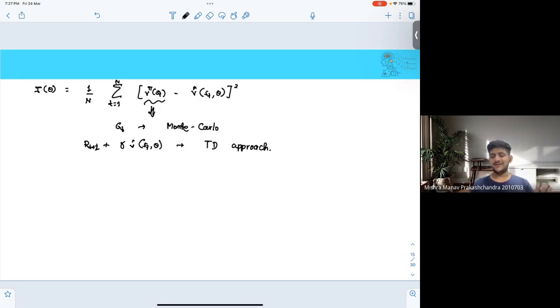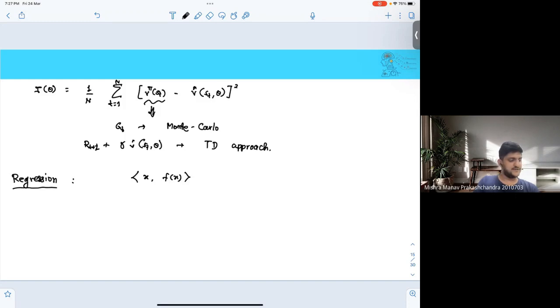So the moment we have that, we can optimize this loss function, and we can do it by using any regression method that we know of, right? So let's say if you want to do a classical regression problem, right? So what do we need? We need some sort of a data set, right? So that data set is you have some x, you have some f of x, okay?